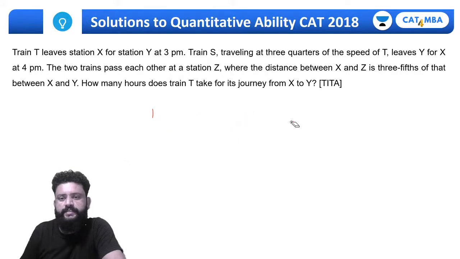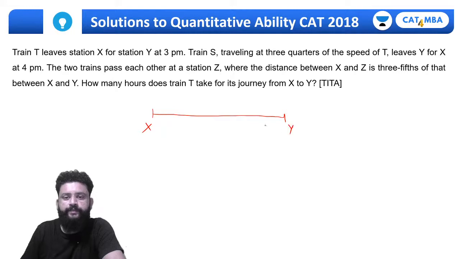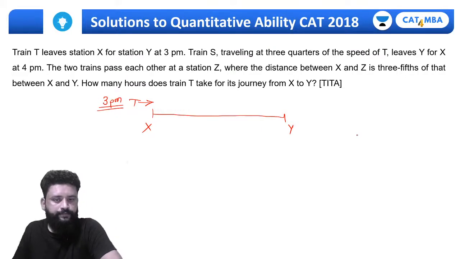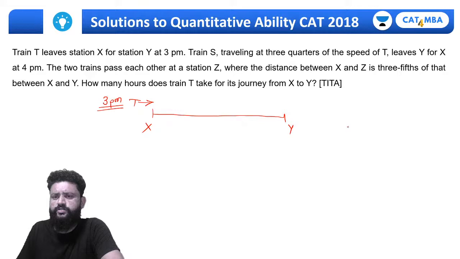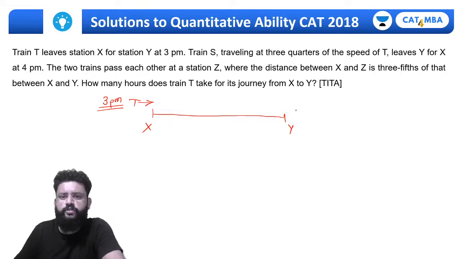So train T is moving from X towards Y, and this is the train T at 3 p.m. This one is a bit tricky, so I want all of you to try first. Those who are watching, they can give it a try, and then listen to my explanation.